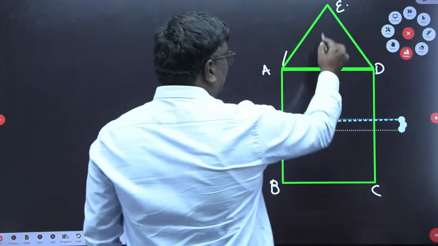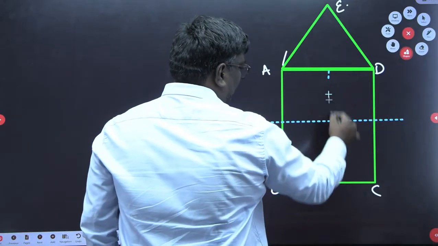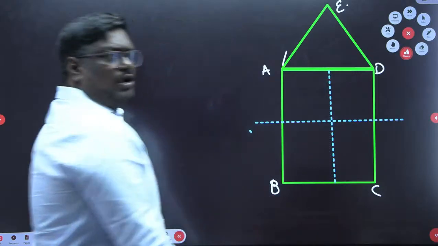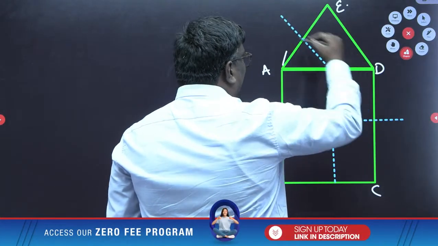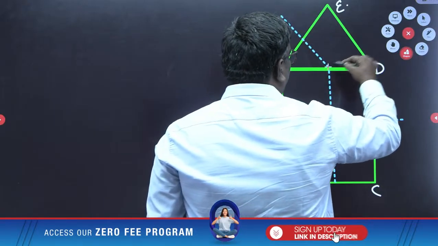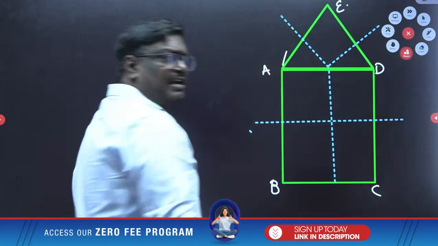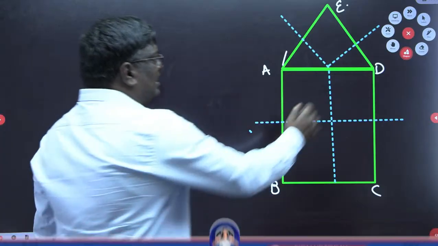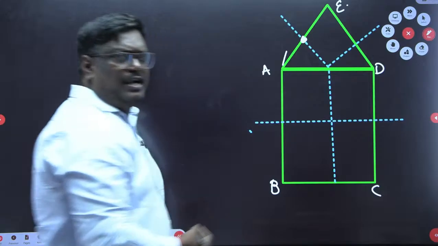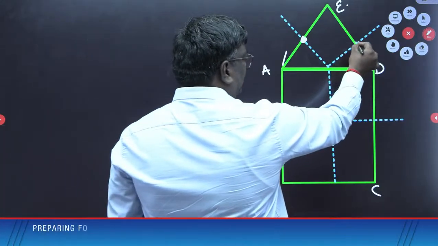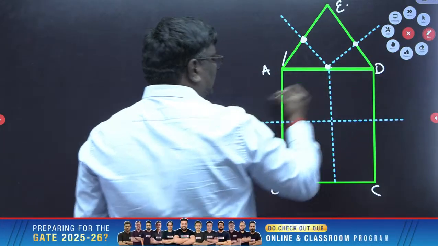Similarly, you can draw a perpendicular bisector here. And after that, we draw a perpendicular bisector following this, and we draw a perpendicular following this. Are you getting what I am trying to say, sir? So you draw here, my dear students, the perpendicular bisector of this point, and similarly of this point, and of this point.